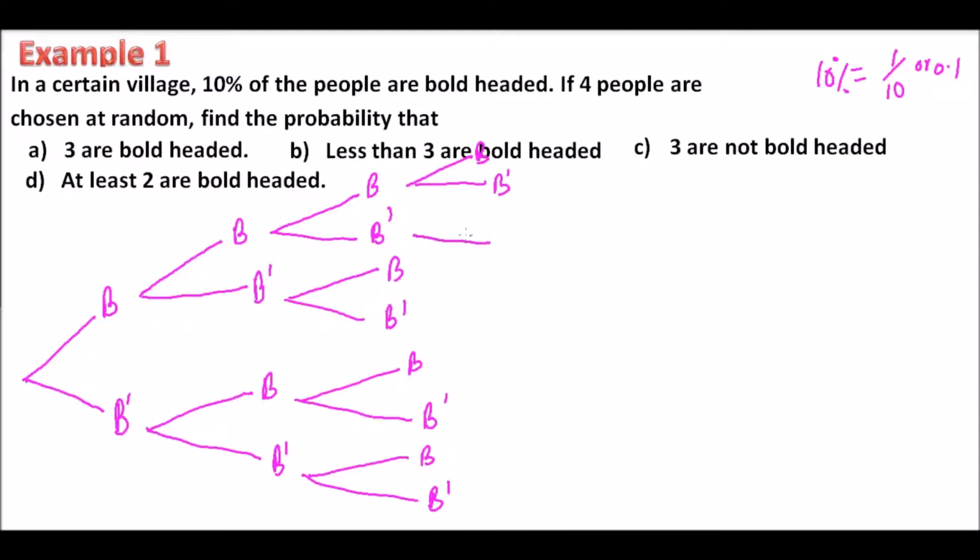Then this one, you have bald-headed or not bald-headed. This one we have to squeeze here. So we have bald-headed and not bald-headed. This other one, we have bald-headed or not bald-headed.